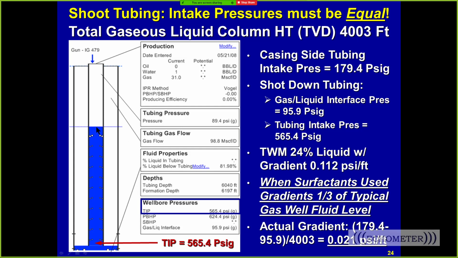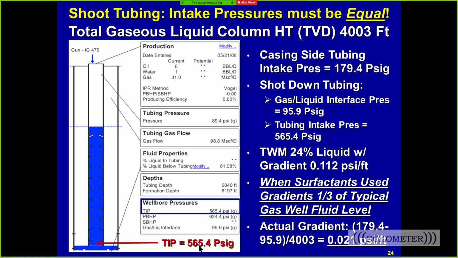And so since this is considered loaded liquid, it's 24% liquid, and that's a gradient that TAM would use. And then we calculate this bottomhole pressure as 560 psi, which is in fact incorrect.